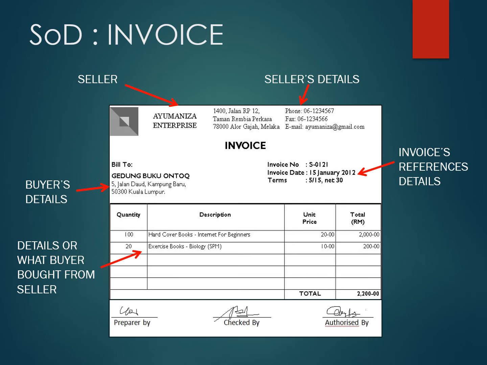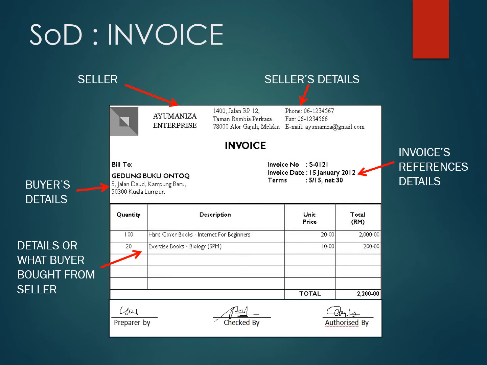Okay, pretend the Ayumaniza is our business. So the Gedung Buku on top is the buyer, our customer, and we have the customer details. Look, there is the bill to as well. So that is our customer.